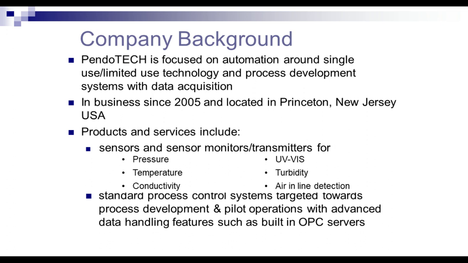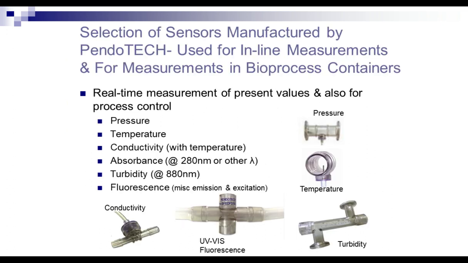We also specialize in process control systems using the same sensors. These are geared toward process development and pilot scale operations. And all of this equipment is usually scaled upward from there as well in the GMP environment. A lot of the information can be transmitted using various methods, very versatile.